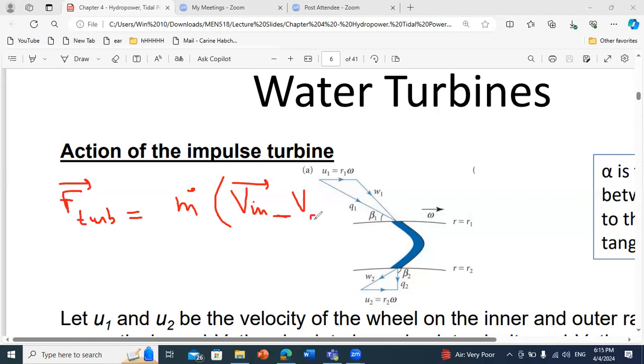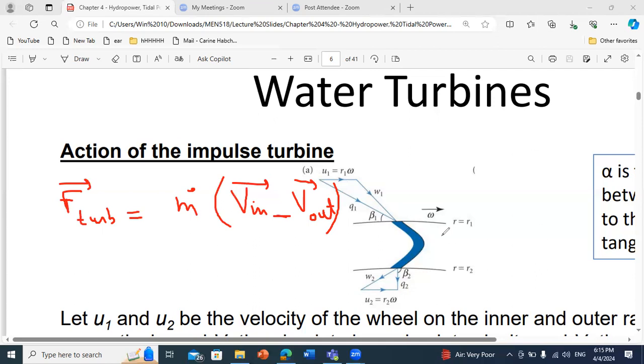So in this way, we can determine the force applied by water on the turbine. And this will help us to know how water will lead to a rotation of the turbine. So we'll not only apply this relation, we'll apply also the relation of rotation, which includes the angular momentum.